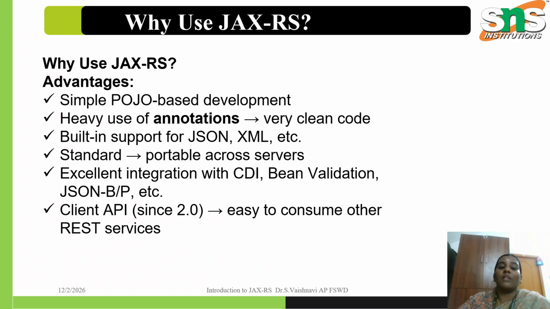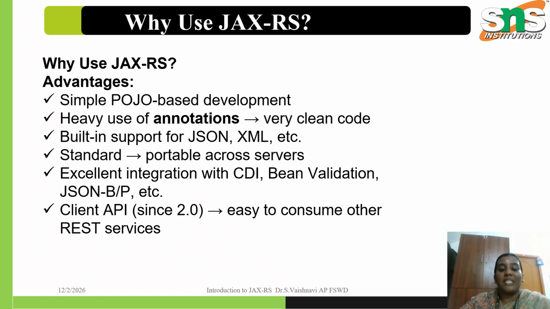So next one is, why JAX-RS? It is the advantage of POJO. We have seen that a POJO is a plain old Java object used as a web resource. It is simple, with the ease of using annotations, very clean code, with a standard and also portable across servers.